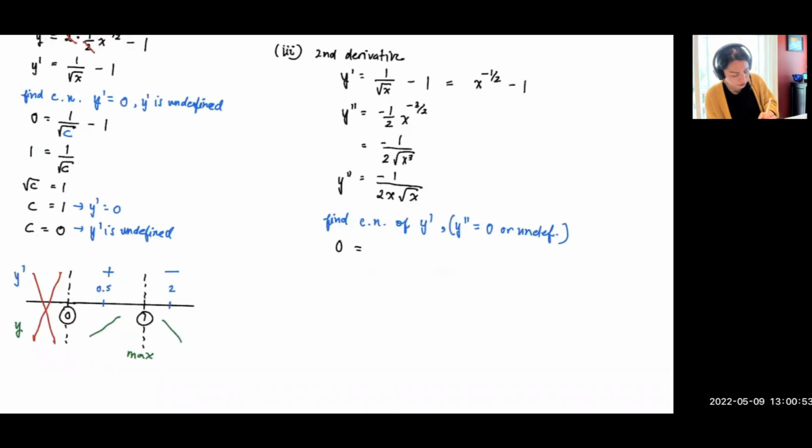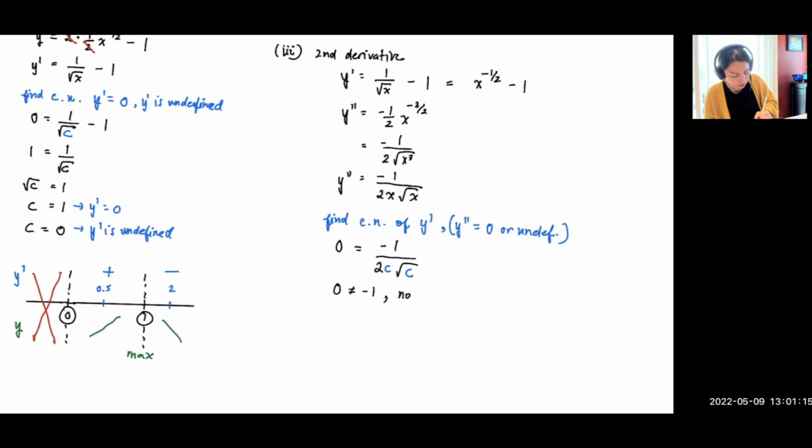So that'll be 0 equals negative 1 over 2, and then I'm going to put C for critical numbers, and go ahead and solve. Now, the fact that the numerator is where this function is 0, notice 0 does not equal negative 1.